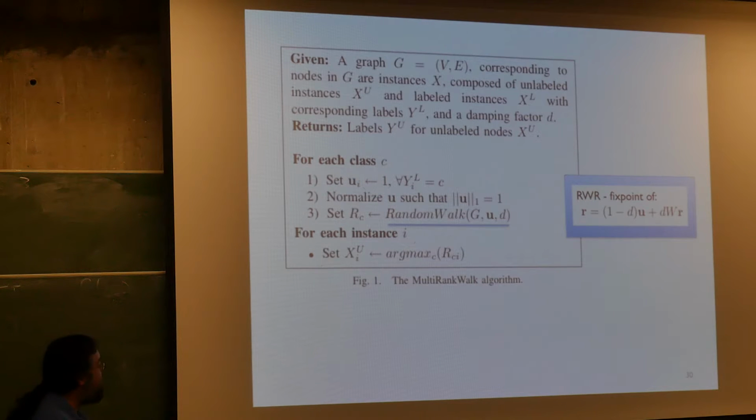So in Frank's algorithm, rather than propagating all the labels at once, you propagate one label at a time, okay? So for each class, we're going to start off by setting up a uniform distribution over all the instances in that class, all right? So that's the first step. And then this is a random walk, but basically this is random walk with restart, okay?